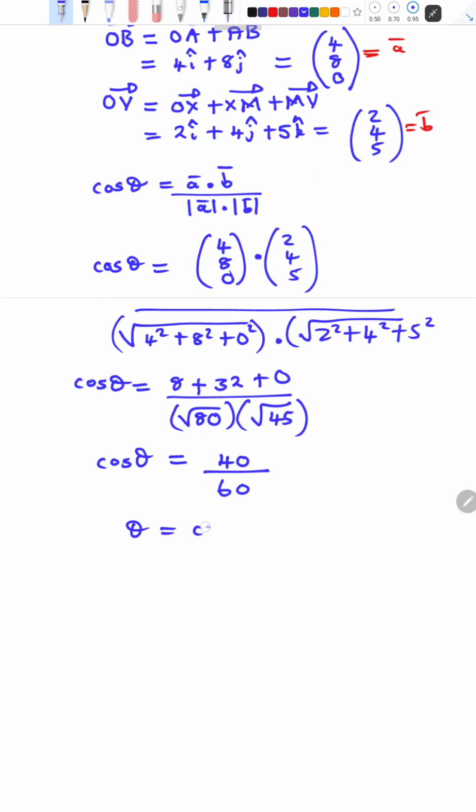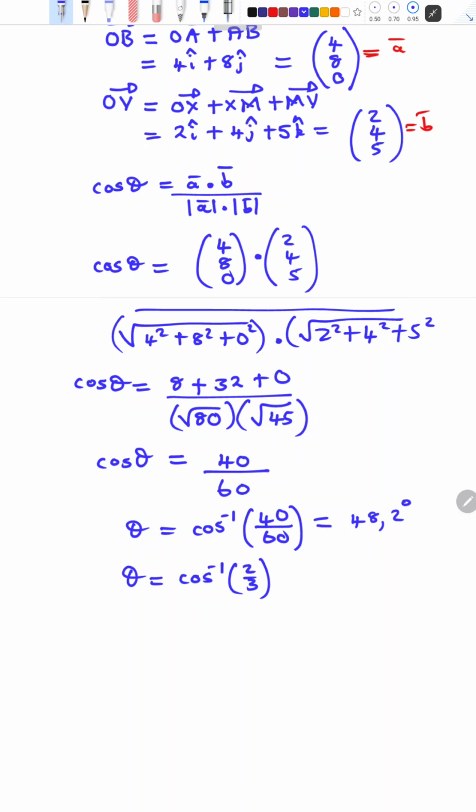So theta is equal to arc cos of 40 divided by 60. So this is the same as arc cos of 2/3. This is arc cos of 2/3, which gives you 48.2 degrees.